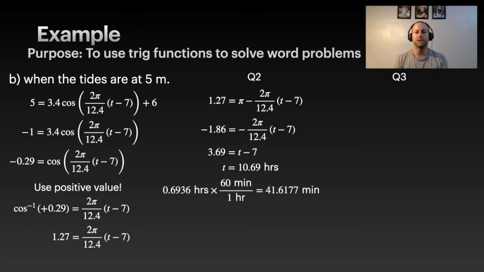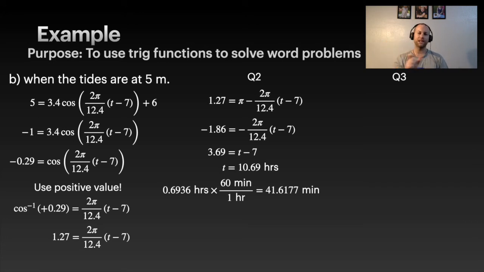I need this in terms of hours, minutes, seconds, because I want to give it as a timestamp. We had 4:30 as the last one. I need to figure out the exact number. So 10.69 hours. The whole number 10 is the amount of hours we're at. So it's 10 a.m. We now need to figure out how many minutes and how many seconds.